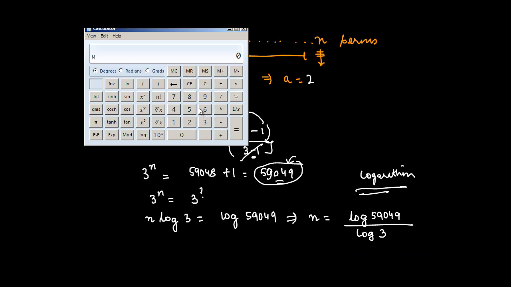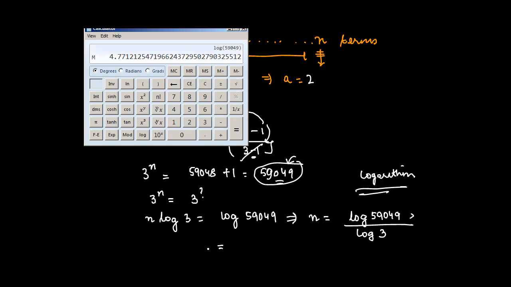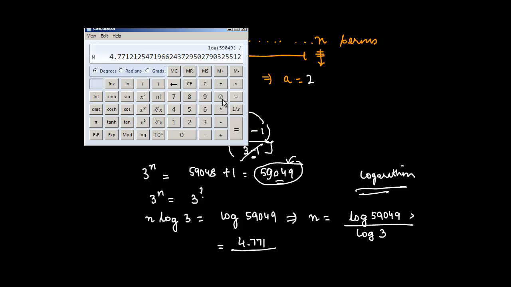So let's use the calculator for this. 59049 log. So this is the value that we get for log 59049. Let me just write this down. It's 4.771. 4.771 divided by log 3, which is 0.4771, is equal to 10.